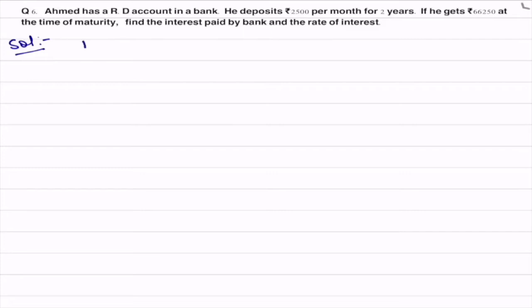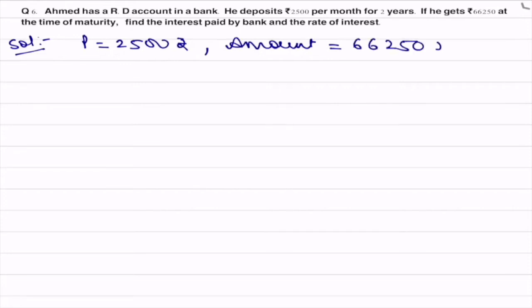So first, principal is 2500 rupees, amount, or you can say the maturity value, is 66,250, and rate of interest is missing, so let the rate of interest be R%, and the number of months will be 2 years, so 2 years means 24 months.